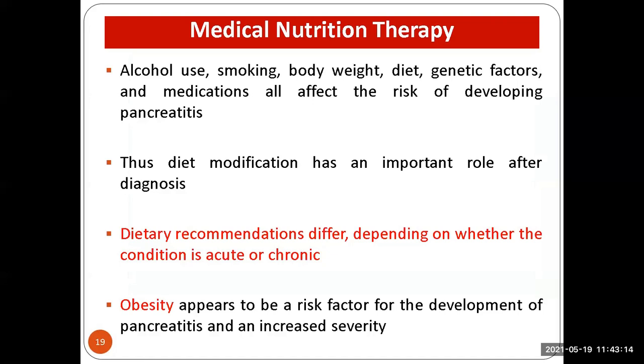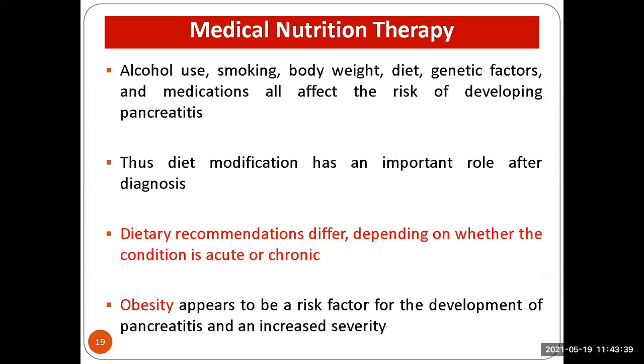Regarding MNT, some foods and drinks are asked to be avoided, whereas some dietary modifications are suggested for the management of the disease. Alcohol use, smoking, body weight, diet, genetic factors, and medications all affect the risk of developing pancreatitis.